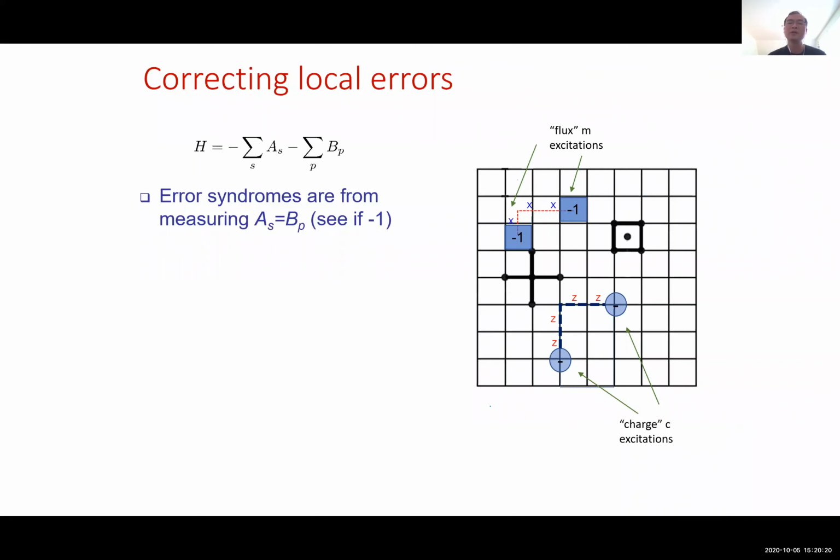And how do we correct the error? So for example, we see that this example has a pair of -1 plaquettes. These are caused by the X errors, right? A string connecting the two plaquettes. How do we correct that? If we measure these stabilizers, because these all commute, you can imagine you can measure these observables. If I find there's a -1 here, -1 here, then it's likely that there is a string connecting this.